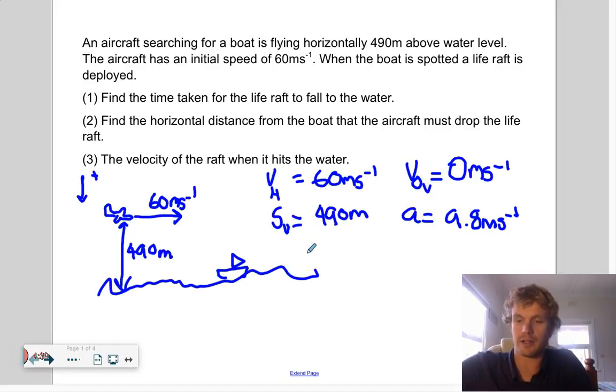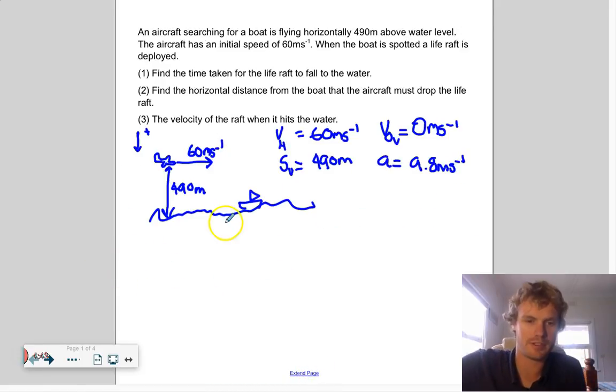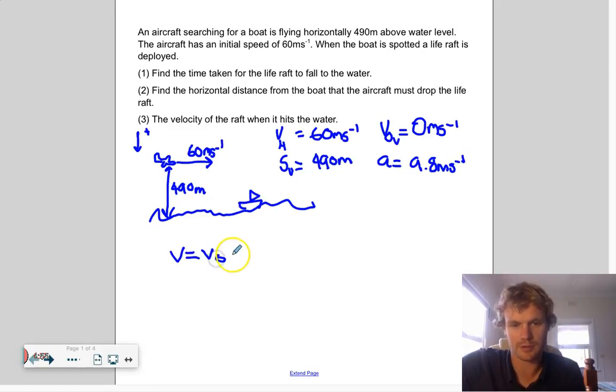I'll then apply a formula. So we have three formulas that we can use. V is equal to V0 plus AT.